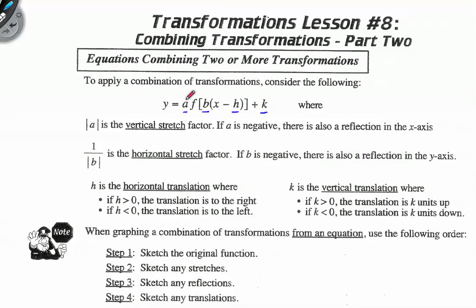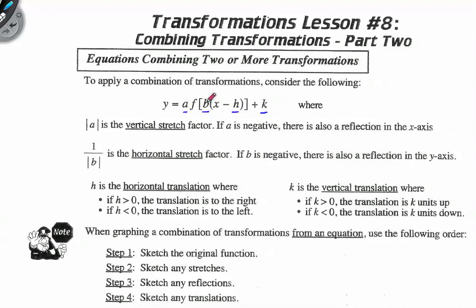The a, if it's 2, would be a vertical stretch by a factor of 2. And over here, the k, if it's 5, would be a translation up by 5. However, the b and the h are with the variable x, so they actually work opposite to what you'd expect.